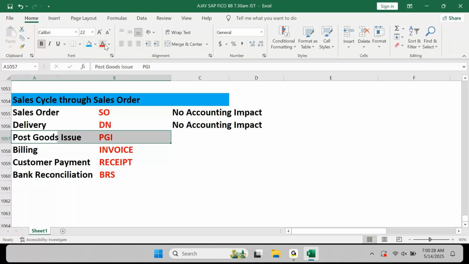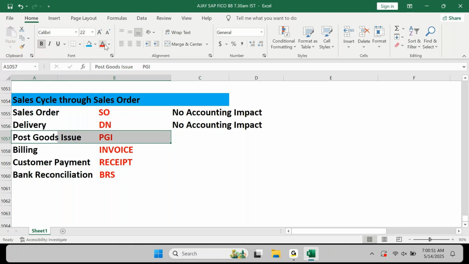Material management. All materials are maintained by the MM consultant. Any material coming in, any material going out. In short, material movements, whether inward movement or outward movement. You are receiving the material, you are giving or issuing the material. Everything is part of MM.